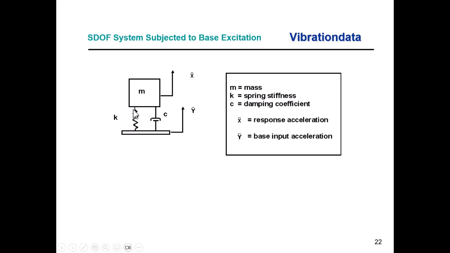There's a spring stiffness k that comes from Hooke's law, and we've got a dashpot or damping element, a damper, with a viscous damping coefficient of c. So this model is of vast importance, and we're going to be using this over and over again in our course series. So imagine a building subjected to an earthquake or an avionics component on a bulkhead or shelf or a panel, where the panel is applying the base input to that avionics component.